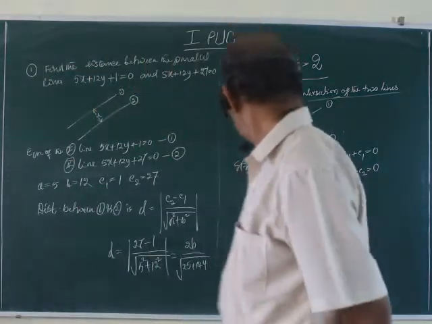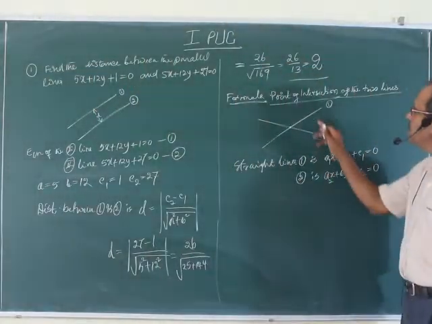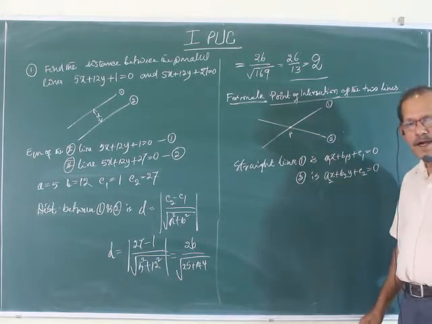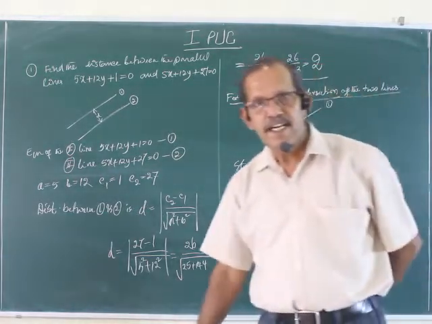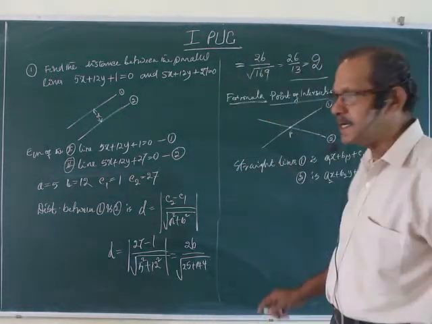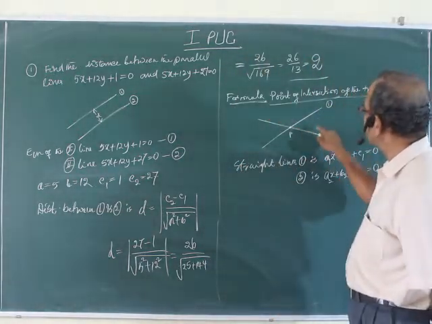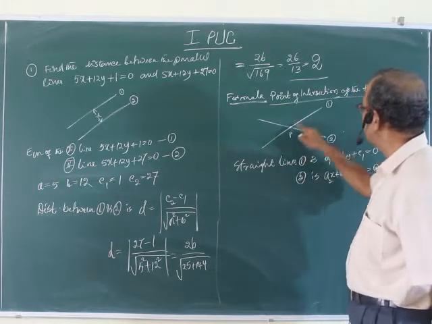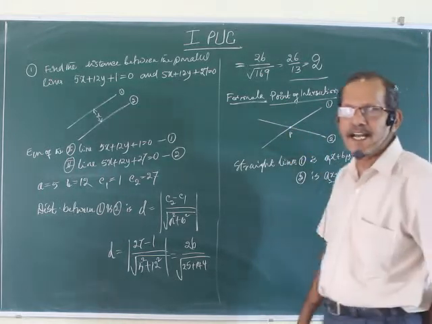Next, what do you mean by point of intersection? Tell me. Point of intersection means what? It is the point satisfying both the equations, correct, no? That particular point lies on the first line as well as on the second line.